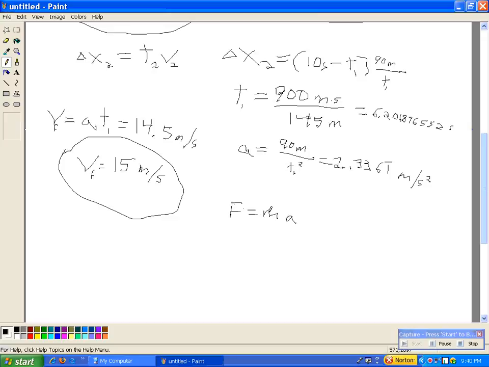We plug in 66 kilograms for mass, and this for the acceleration, and it comes out to 154.183 repeating newtons, which is 1.5 times 10 to the 2 newtons. And that is part A.